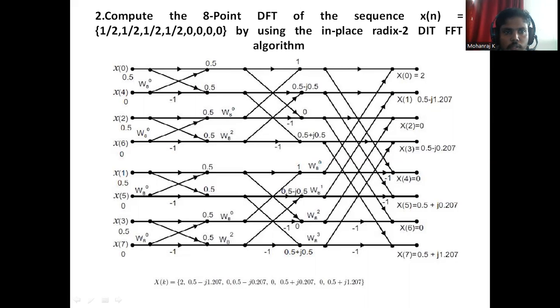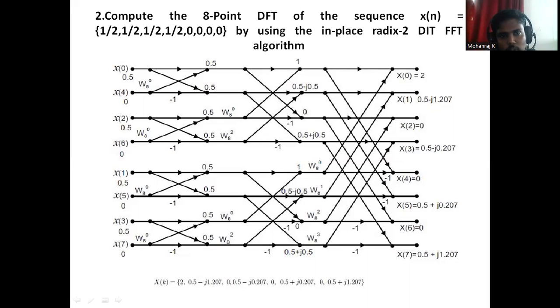Then 1/2 equals 0.5, x[4] equals 0, x[2] equals 0.5, x[6] equals 0, x[1] equals 0.5, x[5] equals 0, x[3] equals 0.5, x[7] equals 0. This is the general butterfly structure using the decimation in time FFT algorithm.